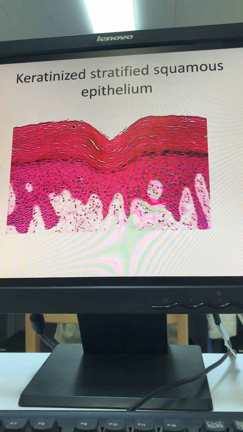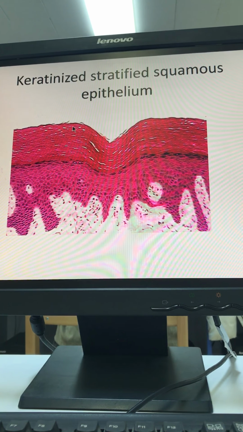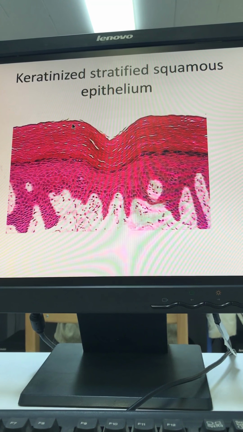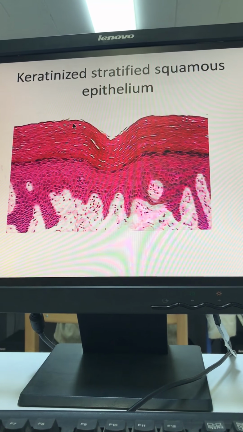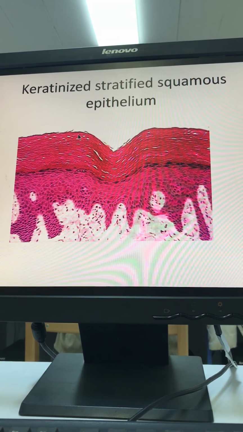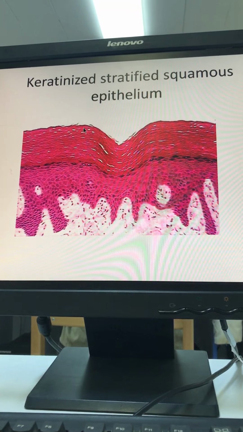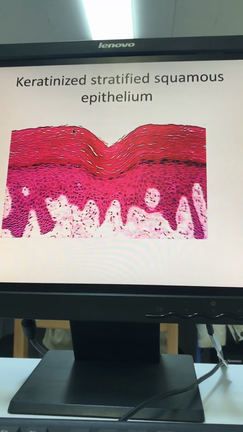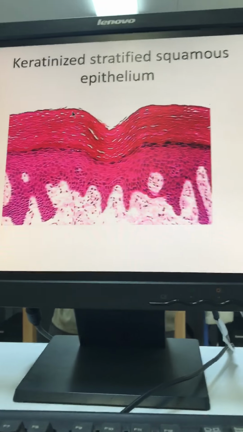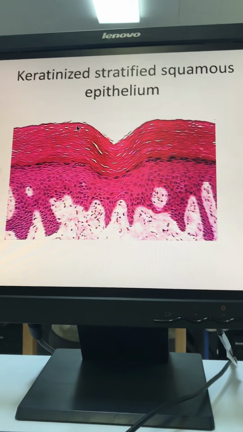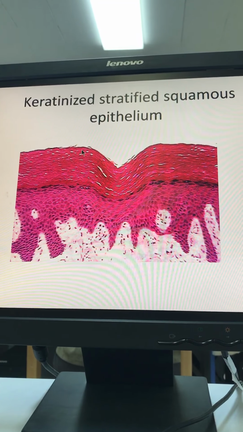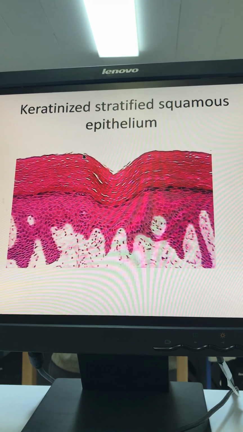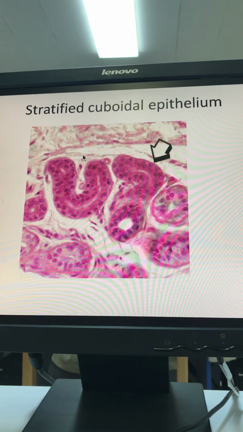The oral cavity, for example, the true vocal cords are lined by non-keratinized. Okay, dorsum of the tongue, the hard palate. Areas where we have friction are covered with keratinized stratified squamous epithelium. Then within the oral cavity we have both keratinized and non-keratinized stratified squamous epithelium.